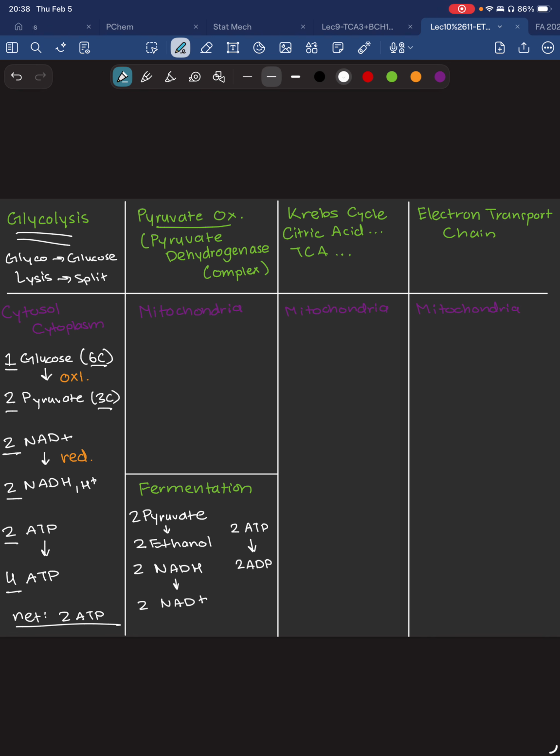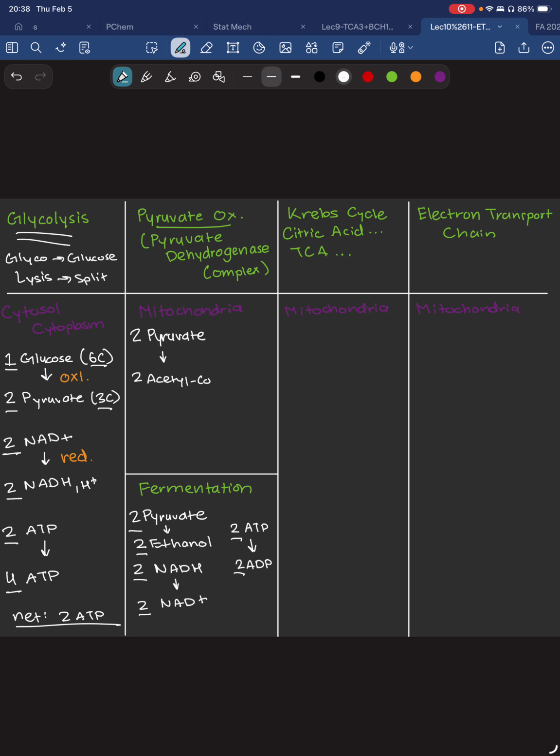However, you're in luck. You have a mitochondria, and you can continue on this process, right? So let's do what bacteria did, but better. We're going to start with 2 pyruvate, and we're going to turn this pyruvate into a molecule called acetyl-CoA.